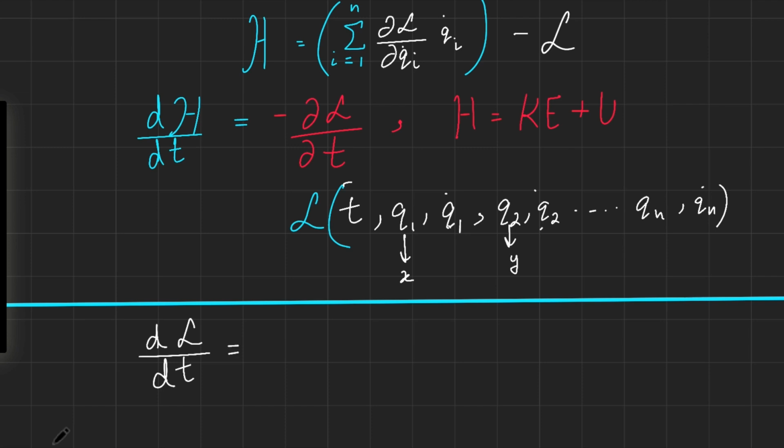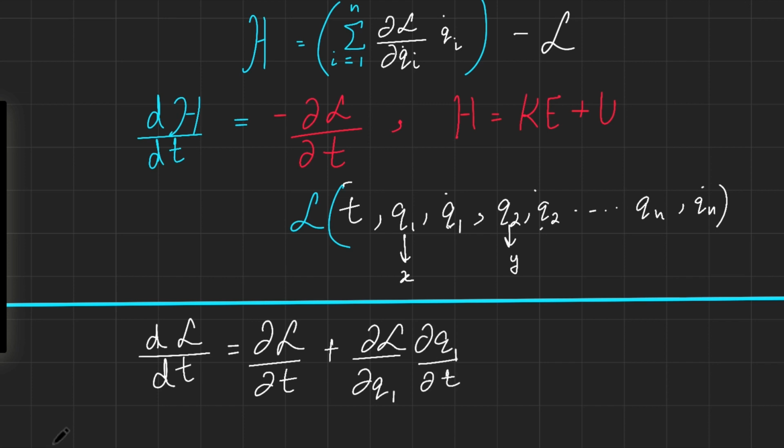And using the chain rule, that would be partial L over partial t times partial t over partial t. Well, this is just 1, so we could just not write it. And then you would have partial L over partial q1 times partial q1 over partial t. Now, this is actually just q1 dot, because it's the time derivative of q1.